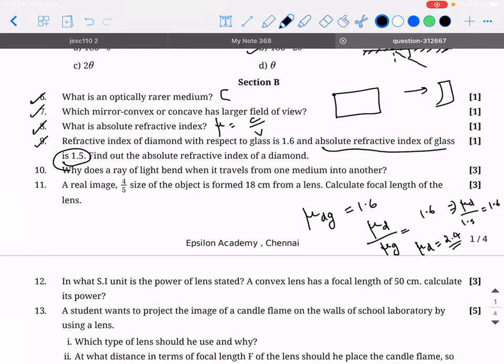There you can see the refractive index of diamond will be somewhere around this value. Am I clear, guys? Please make a note of this.